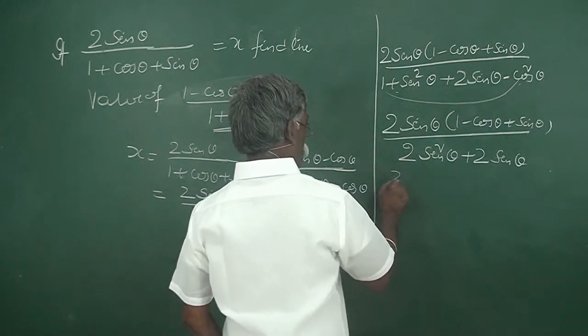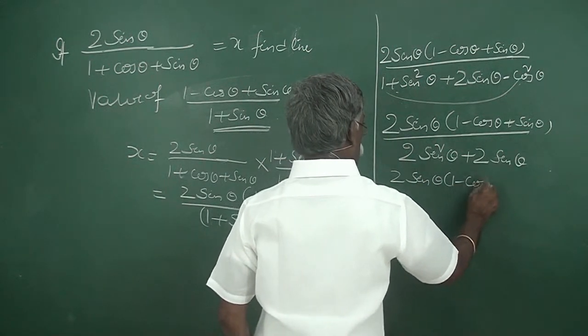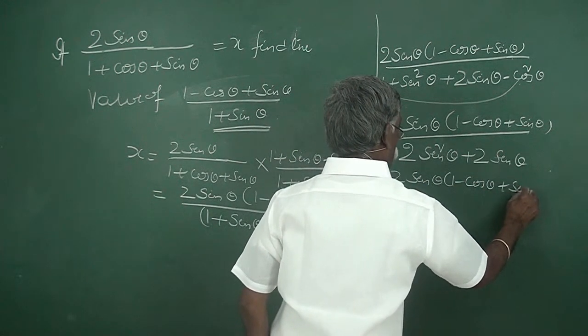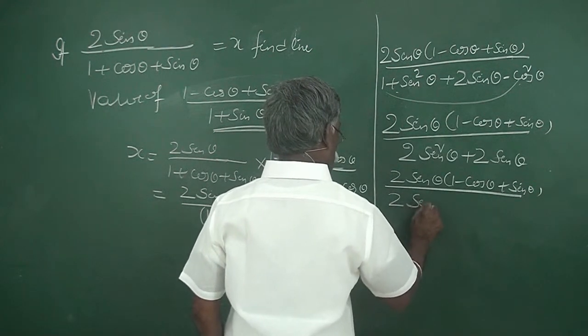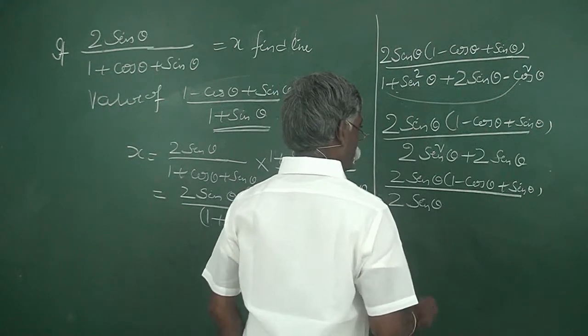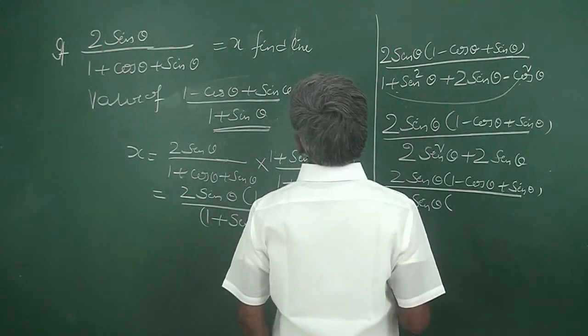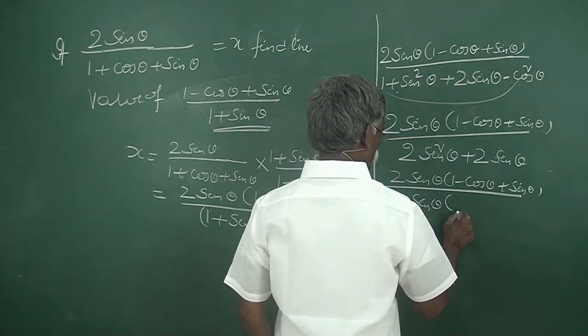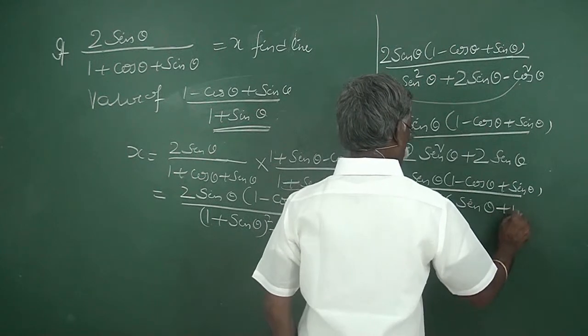Now 2 sin theta into 1 minus cos theta plus sin theta, by the denominator: 2 sin theta is taken as common, and we are left with sin theta plus 1.